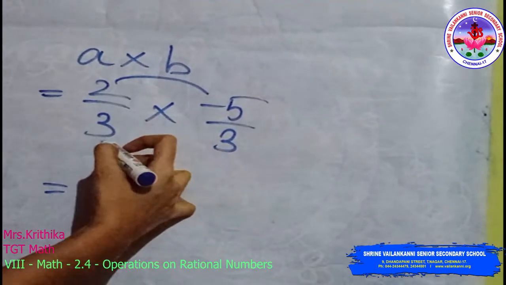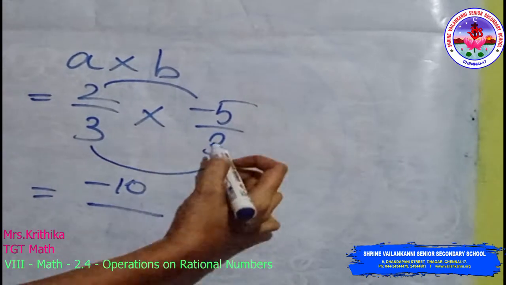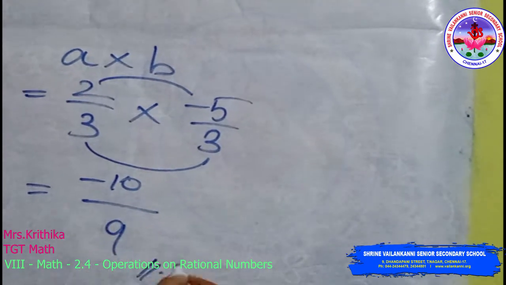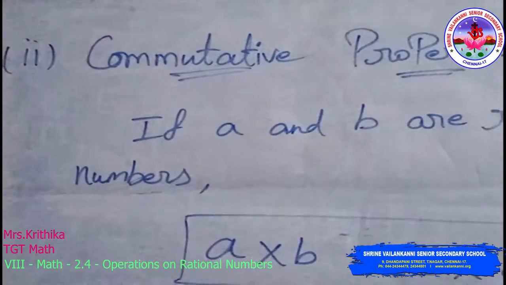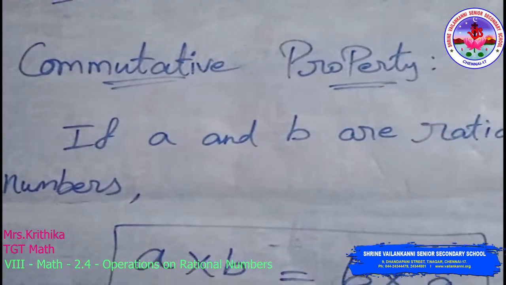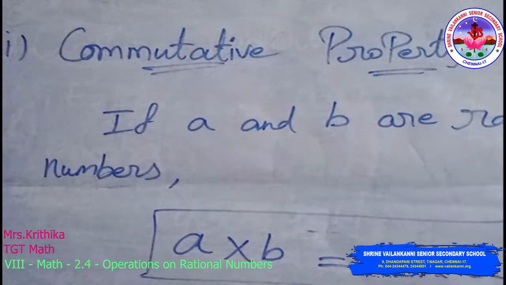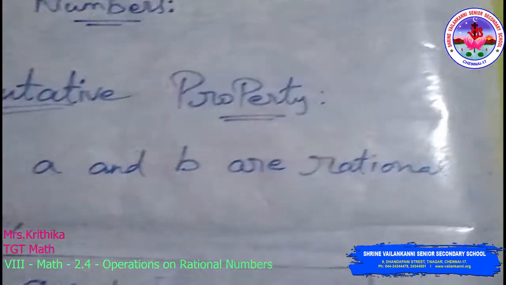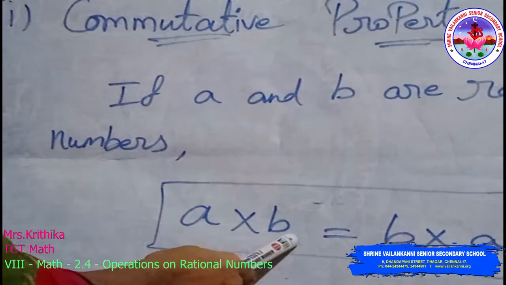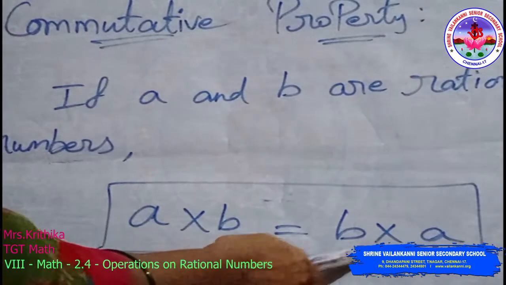Then multiply the denominator values: 3 into 3, 9. The answer is negative 10 by 9. The second property is the commutative property. Two rational numbers can be multiplied in any order. If a and b are rational numbers, then a into b is equal to b into a.